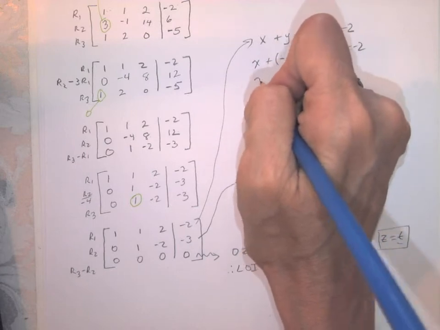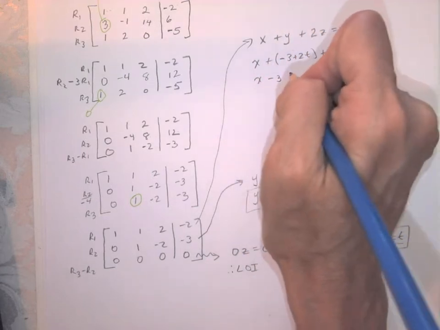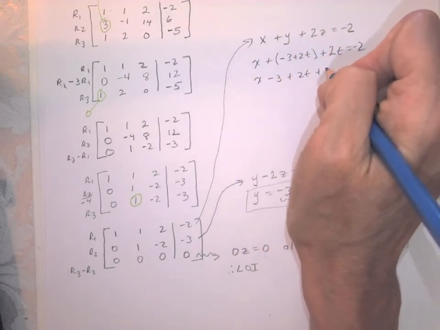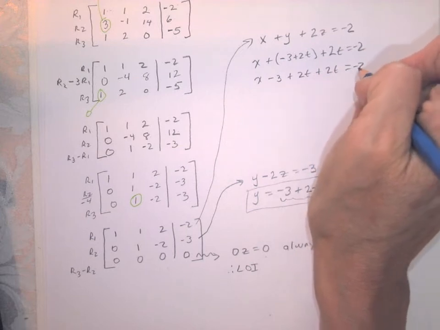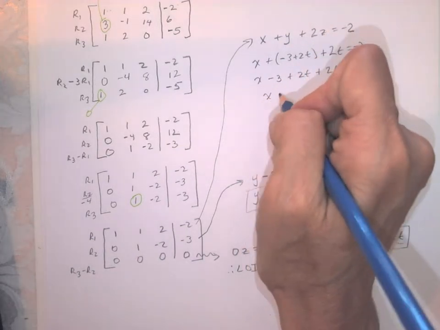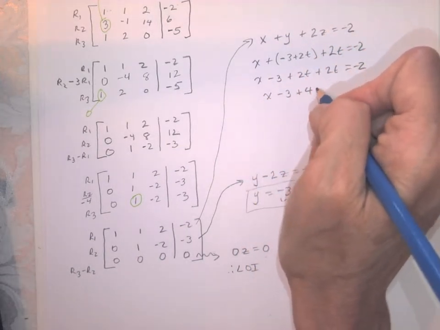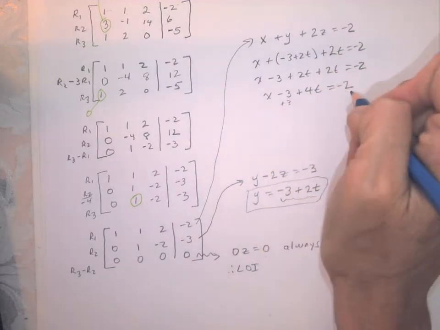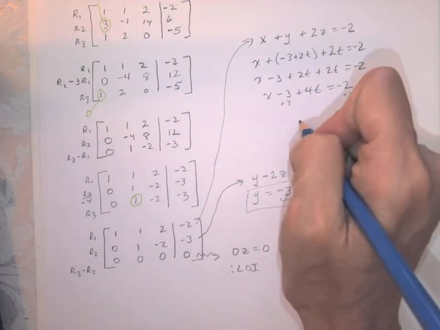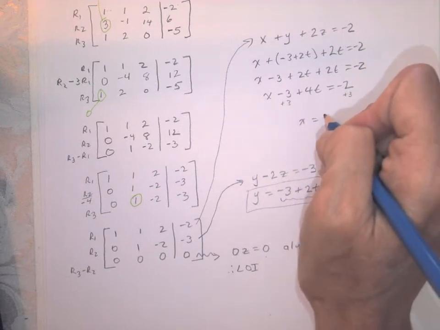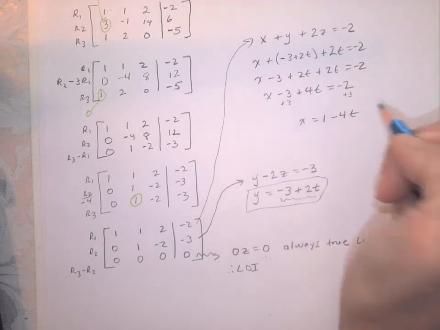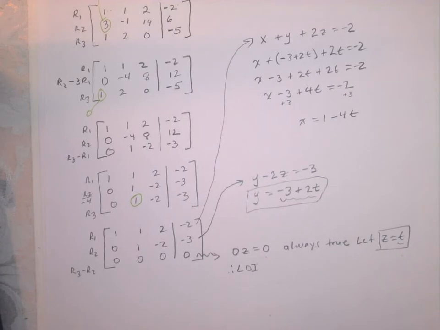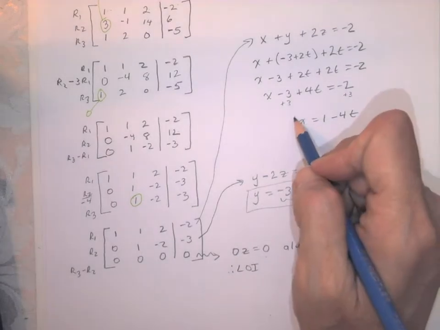So x minus 3 plus 2t plus 2t equals -2. x minus 3 plus 4t equals -2. Add 3 to both sides and subtract 4t on both sides, and you'll get x is 1 minus 4t. So there's your x parametric.